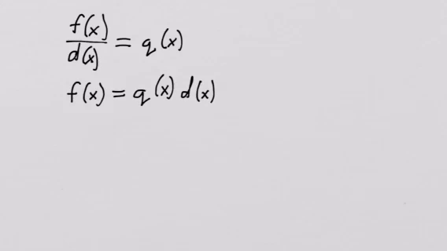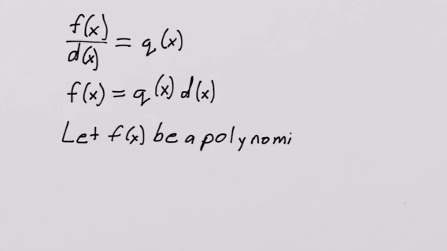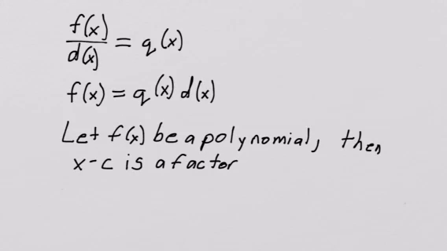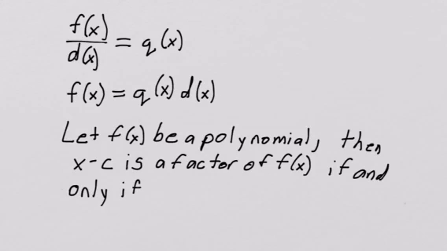So we do have a theorem that says, let f of x be a polynomial, then x minus c is a factor of f of x if and only if f of c equals 0.